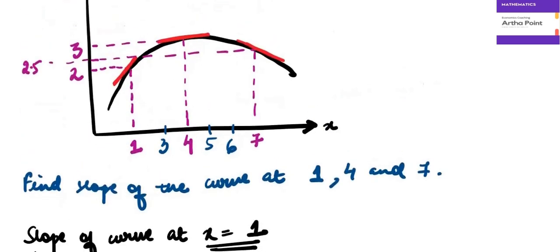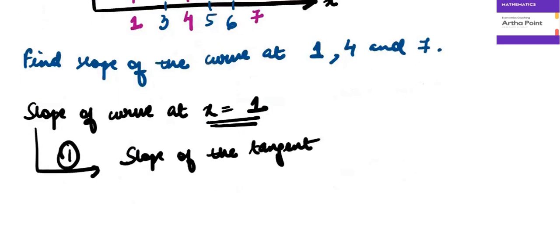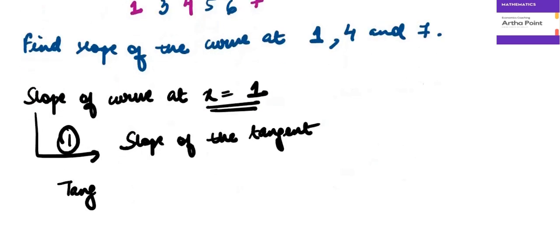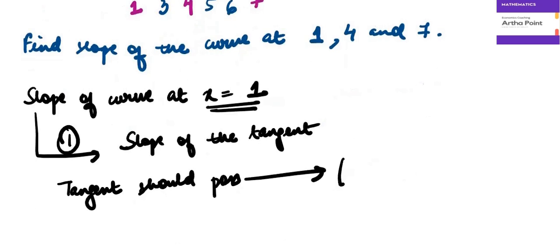Tangent must pass through this point. So I understand that my tangent line must pass through this coordinate P, and the coordinate is 1, 2.